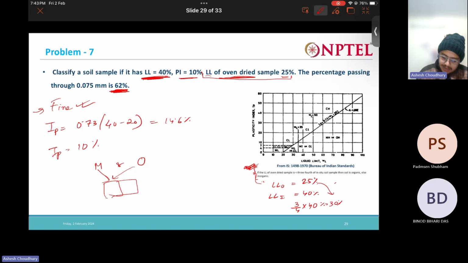So 25% is less than 30. So this condition is satisfied, right? 25% is less than 30%. So then what happens? The soil is organic. So if it is organic, we will have this O here.